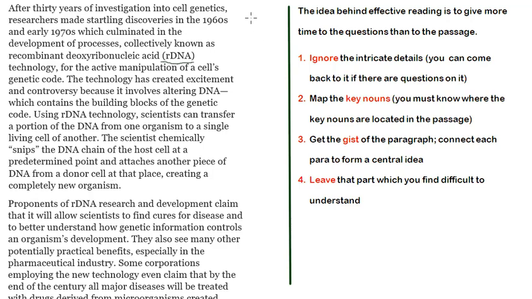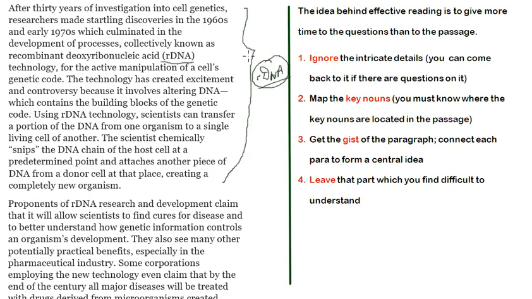Many of you must be familiar with this kind of topic. But what does this paragraph tell us? First of all, it introduces the idea of rDNA and tells us what this rDNA means. And it says that this rDNA is all about transferring DNA from one living thing to another living thing and creating a new living thing.